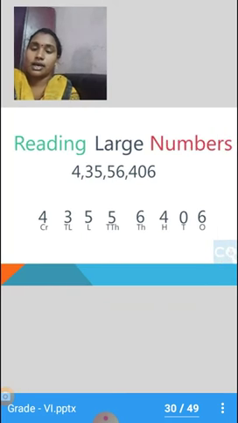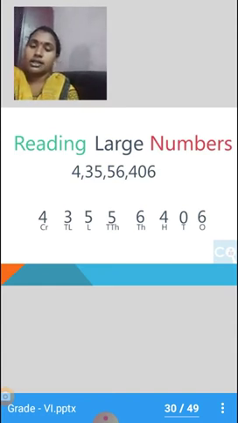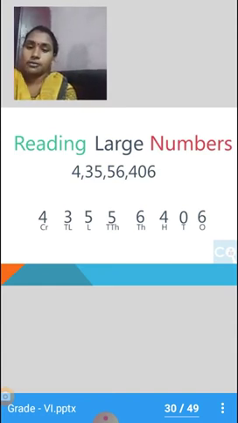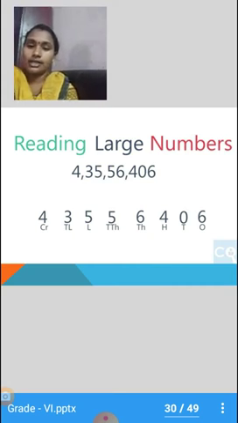Next we have a much bigger number. Yes. So 4, 3, 5, 5, 6, 4, 0, 6. So when we read this number, we have to place it in the place value system.